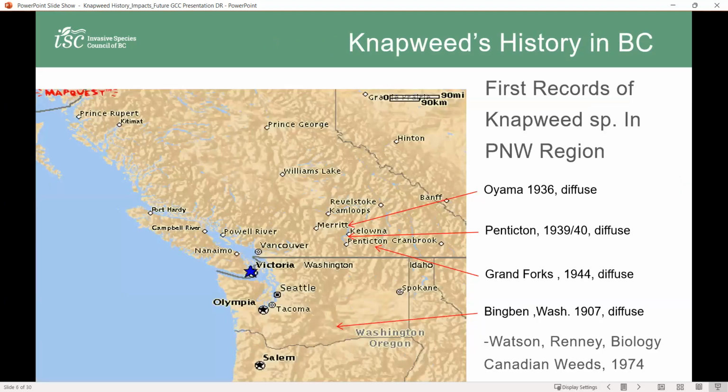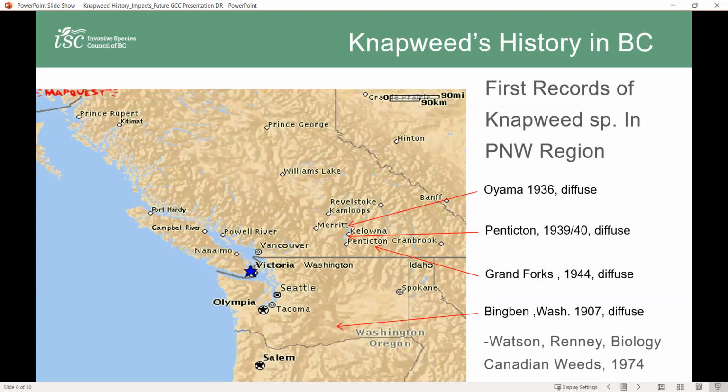Knapweed's first history and known locations in the Pacific Northwest were in BC, and we had Oyama in 1936 as the first site recorded, Penticton in 39 and 40, and Grand Forks in 1944.